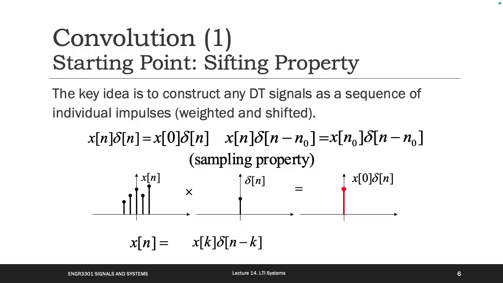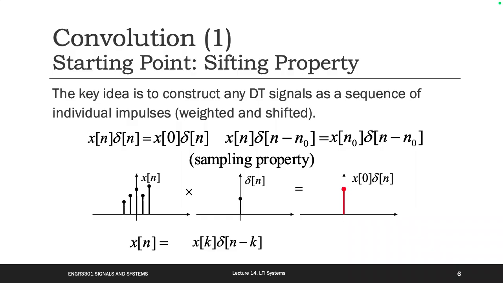And then let's try to find out the relationship between x[n] and x[k] delta[n minus k]. You can see, for example, this is x[n], and this is -2, -1, 0, 1, 2. So k should go from -2 to 2. Then you add these together, and you can get x[n].